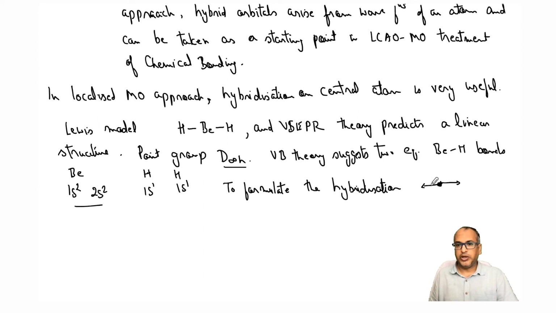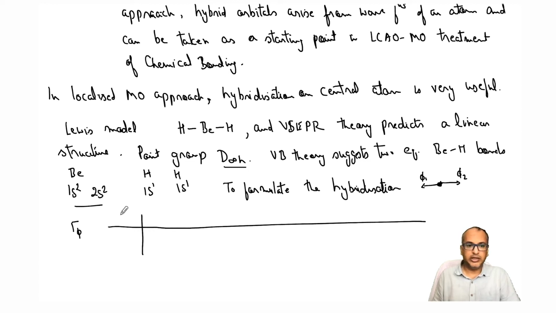Now we can call these phi 1 and phi 2. Based on this, under the D infinity h point group, we will create the tau reducible. All right, so how do we do that?